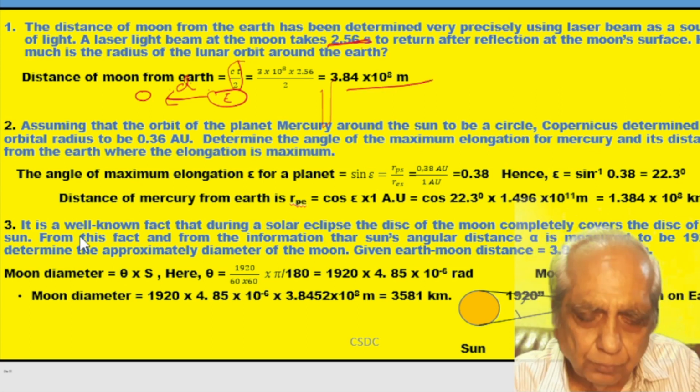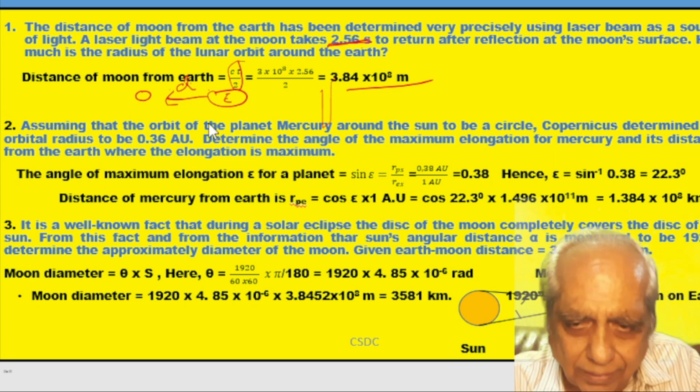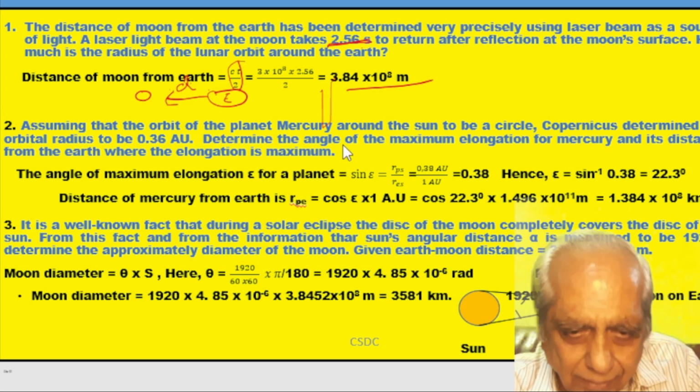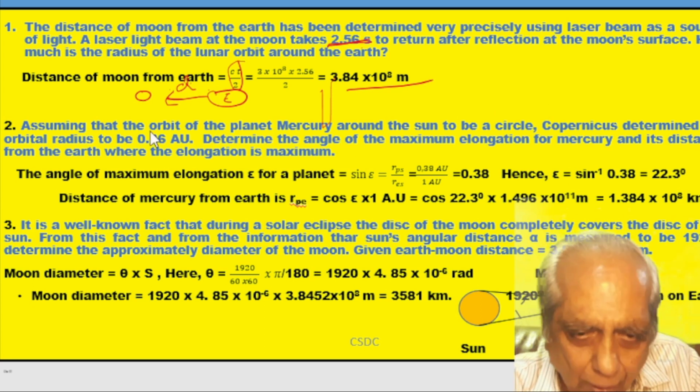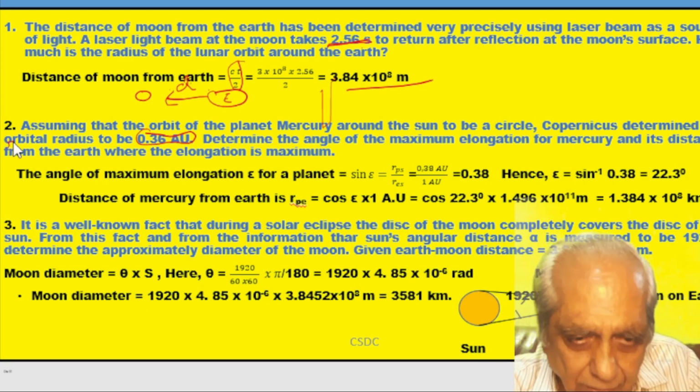Now we will go to the second sum. Assuming that the orbit of the planet is a circle, with this assumption Copernicus determined the orbital radius of the planet Mercury as 0.38. Read this word carefully, orbital radius.